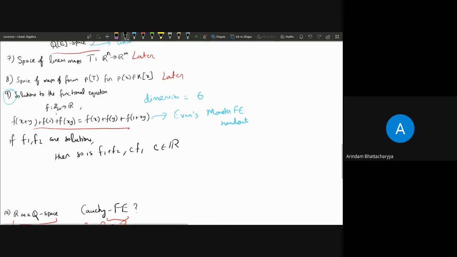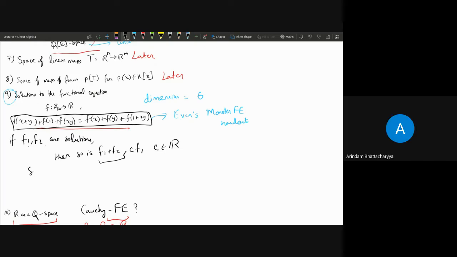Right. So the thing is, the space of solutions of the functional equation is a vector space, right? Because if we have two solutions, then we can add them, and that will also be a solution, and c times f will also be a solution. I mean, it will require some verification, but those are minor. That is clear, right?